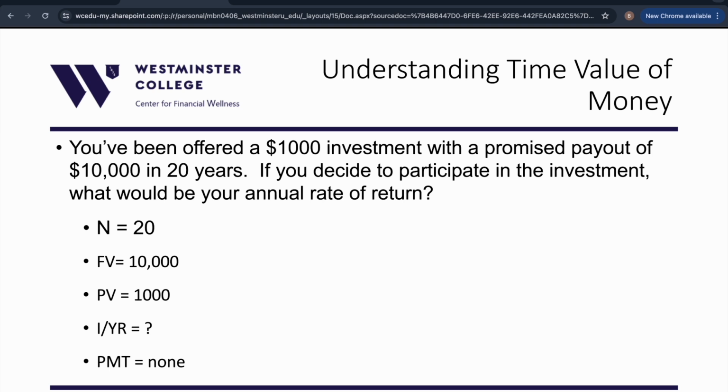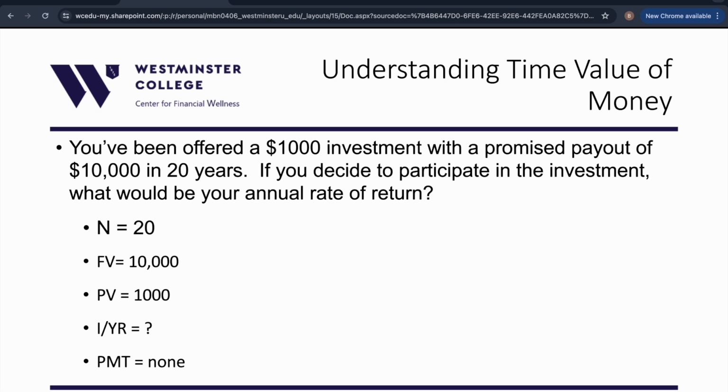Lastly, we're going to talk about how to find an interest rate, and it is the exact same as the other problems. This one might be most applicable as businesses are often involved in different investing practices, and the way that we can compare multiple investments is if we can find the I per YR, or the interest rate, or the rate of return in this case, the rate of return that we're going to make on that investment, we can compare it against other investments.